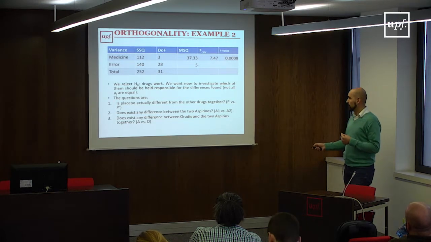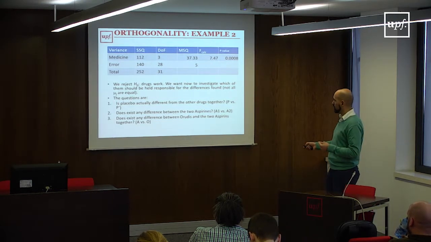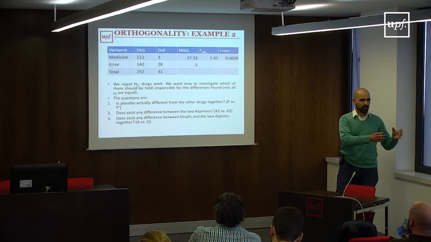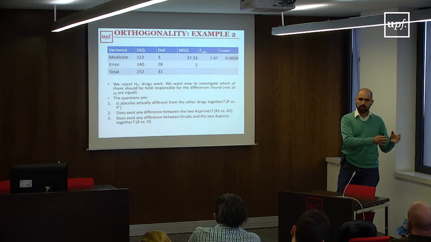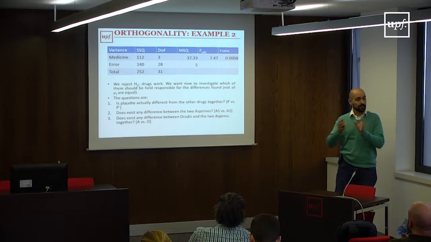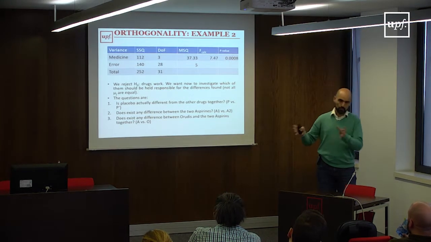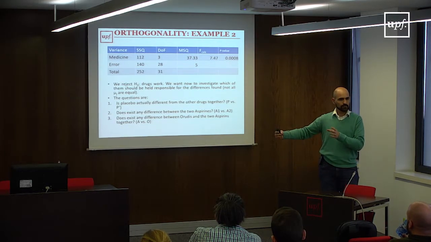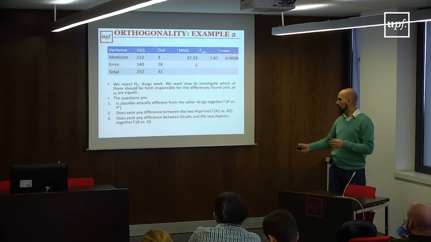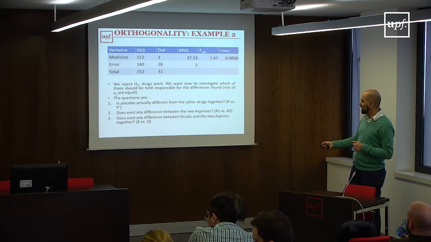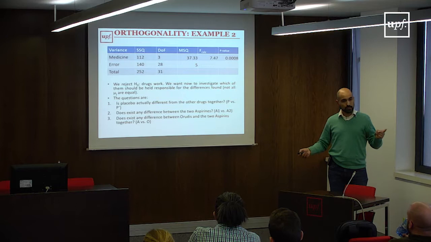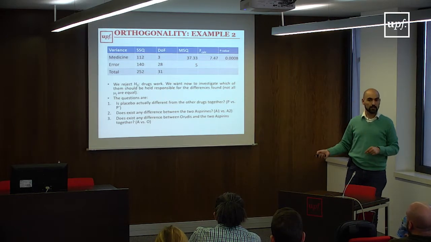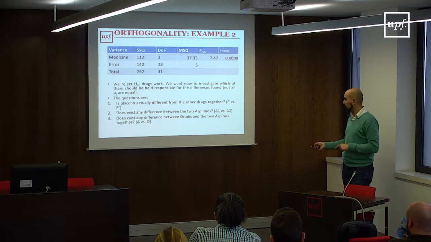To see if the placebo actually is different from the other drugs together means, is the variance of my study related to the placebo bigger or smaller statistically than the variance of the other drugs? Is the variance related to one of the 2 aspirins bigger or smaller or different from the variance of the other aspirin, and so on?